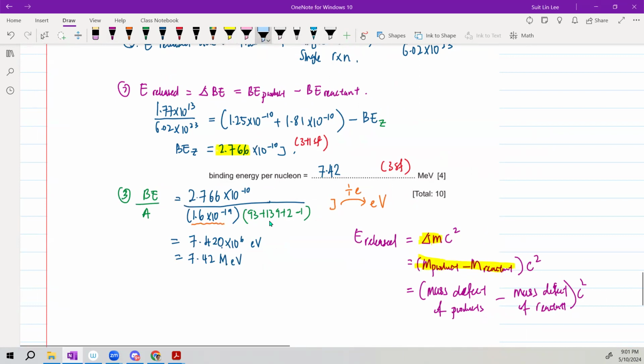But it can also be mass defect of product minus mass defect of reactant. Don't forget to multiply c square. And if you look at today's question, mass defect times c square is actually binding energy of products. Right? Mass defect times c square is this one. But basically just open up the bracket, minus the binding energy of reactant, which is also mass defect times c square.